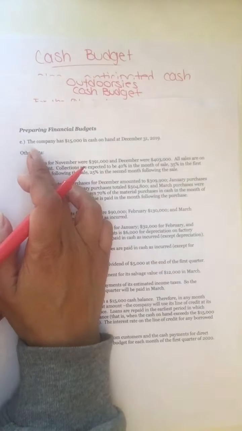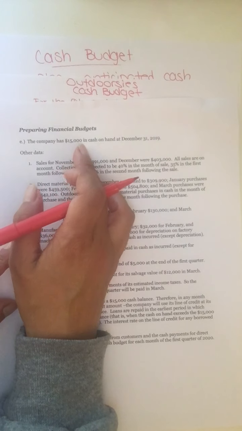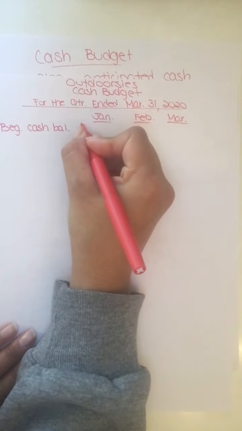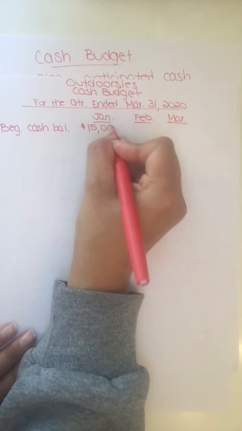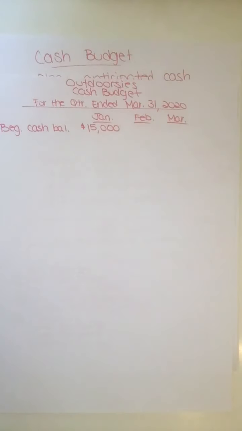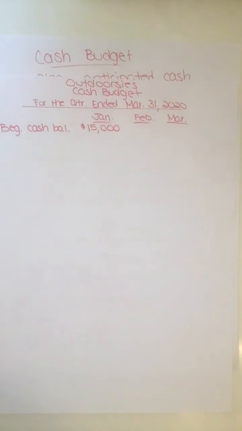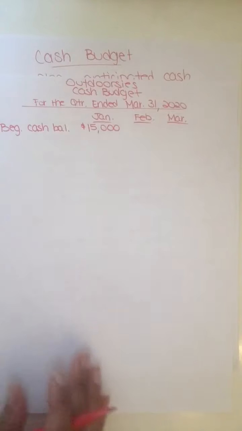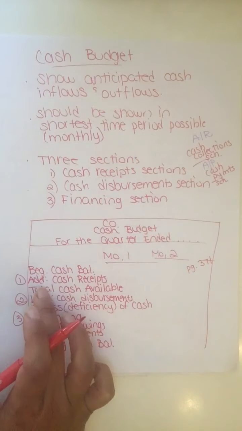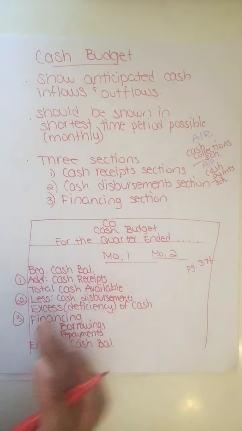We're told in item E, the company has $15,000 in cash on hand. So that is our beginning: 15,000.